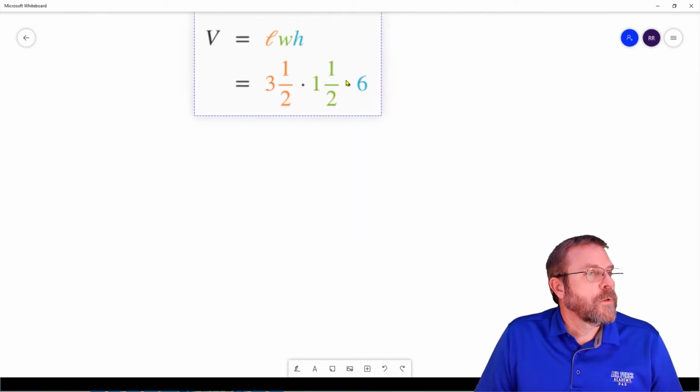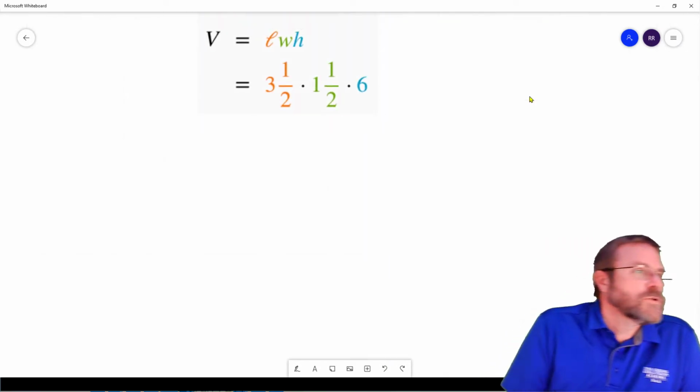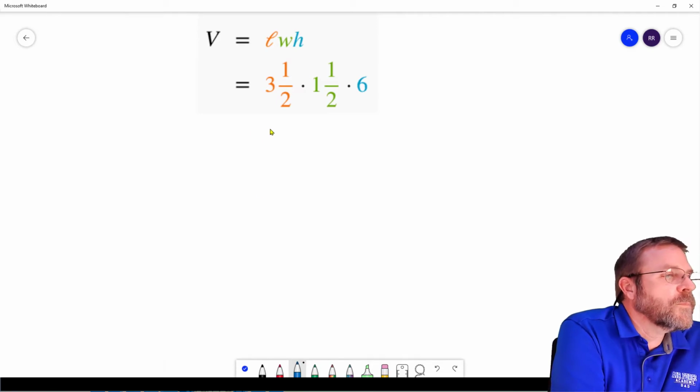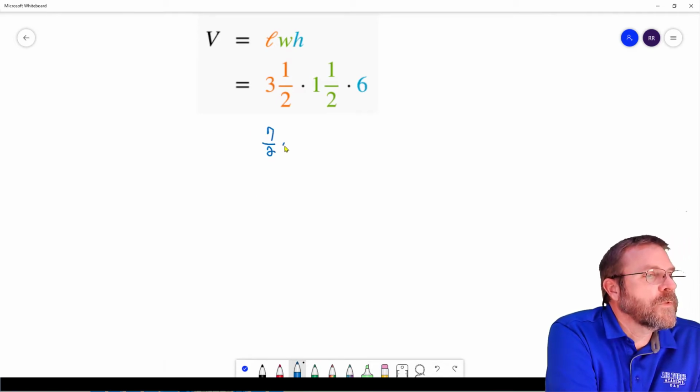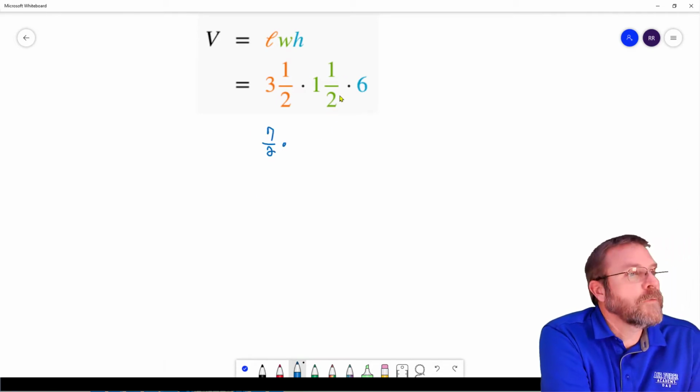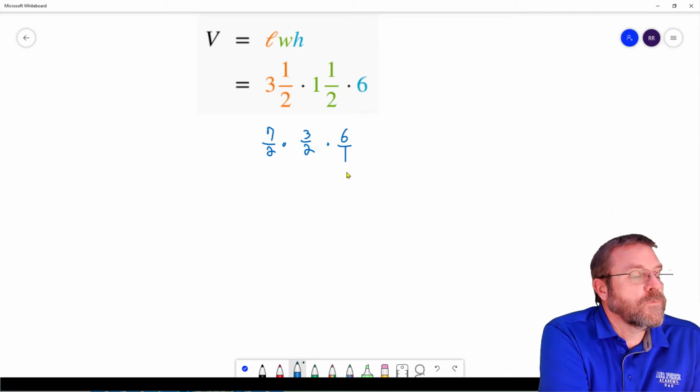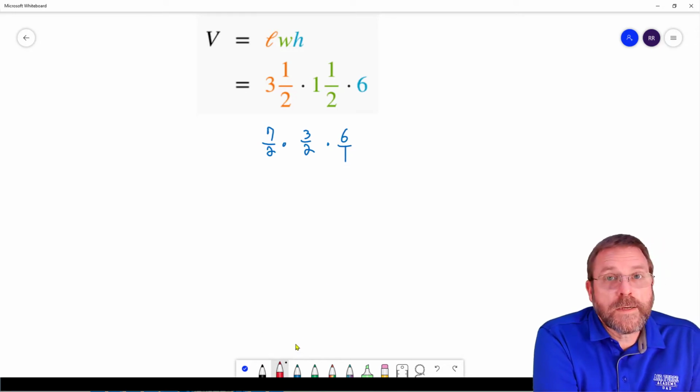So 3 1/2 inches, we're going to change that to be 2 times 3 is 6 plus 1 is 7 halves times 1 1/2 inches is 2 times 1 is 2 plus 1 is going to be 3 halves times that 6 over 1. From here, we're going to simplify.